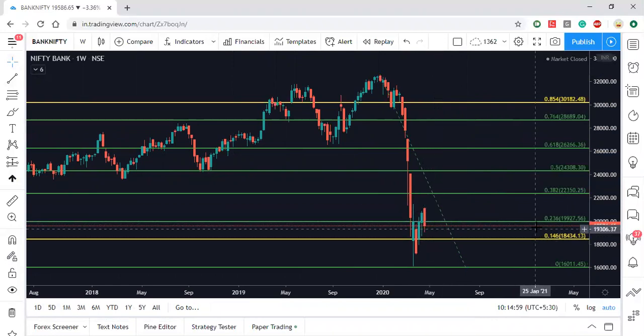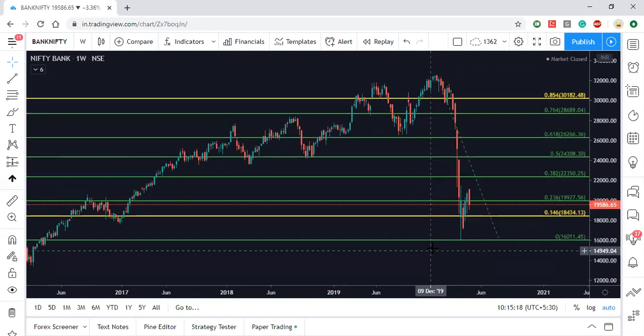Now, at 23.6%, we also see a strong bearish engulfing candlestick pattern on the weekly chart, right? This indicates that there should be a further downward move. So I'm not that bullish or even sideways on Bank Nifty; the expectation from Bank Nifty is a continuation of the downward trend.